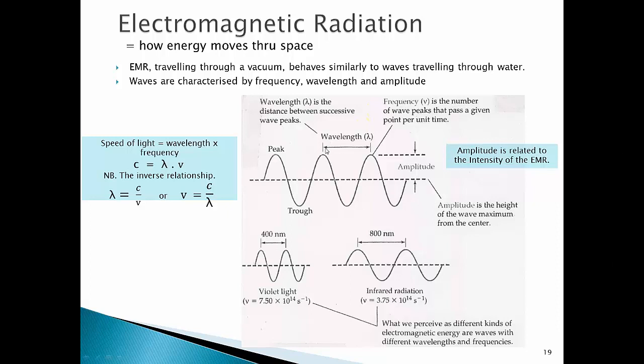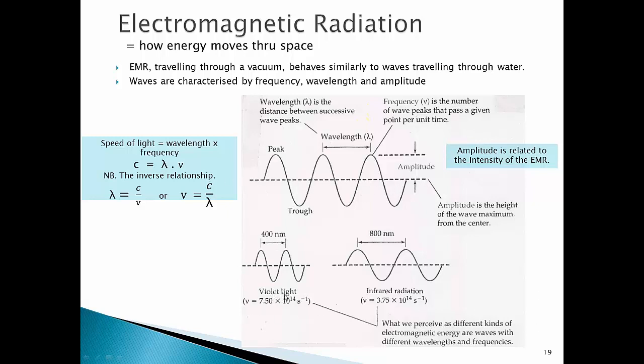Wavelength is from one peak to the next peak. Frequency is the number of waves that pass per unit of time, and the amplitude is the height of your peaks from the center line.